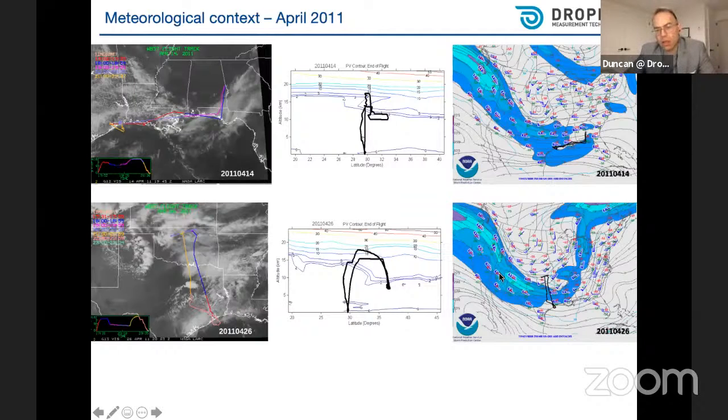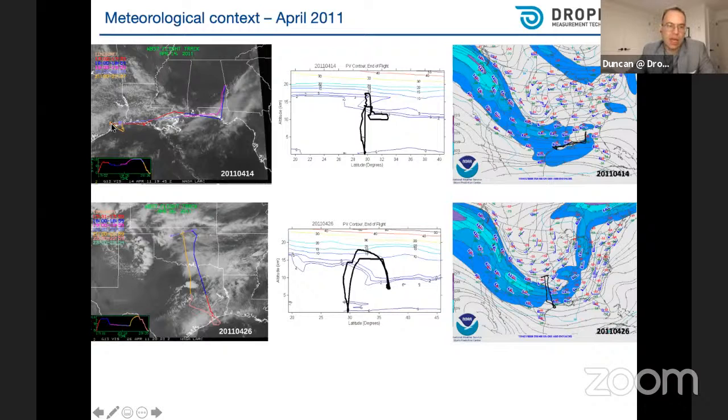And this location of the jet stream also indicates the location of these PV contours pushing into the tropospheric air. So this ended up being very important in the analysis of this work in identifying the location of the tropopause.